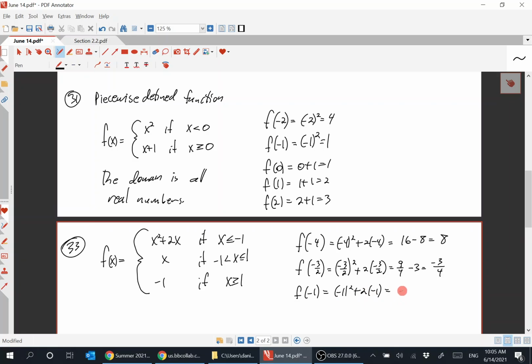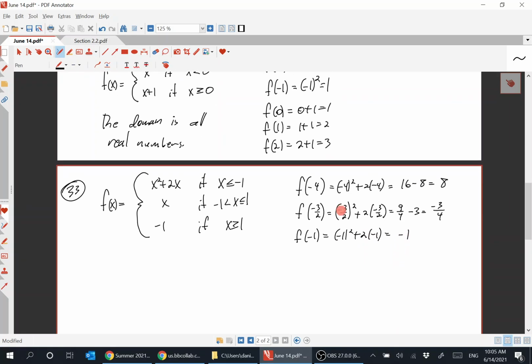So that's 1 minus 2 is -1. f of 0. What about f of 0? Top, middle, or bottom? Middle, right? And then f of 0 is just 0. f of x is just x in that case.